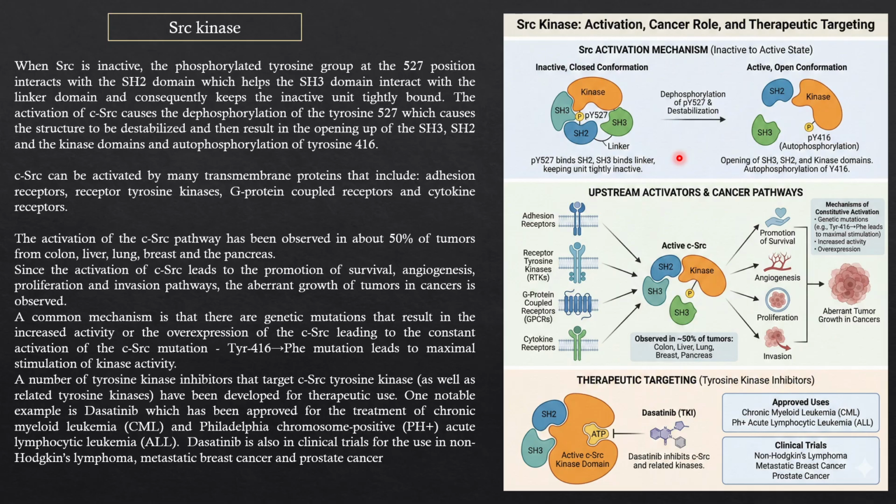As the protein unfolds, the SH2 and the SH3 domains disengage, exposing the kinase domain. The SRC then undergoes autophosphorylation at another site, Y416, which fully activates its kinase activity and allows it to phosphorylate the downstream targets.